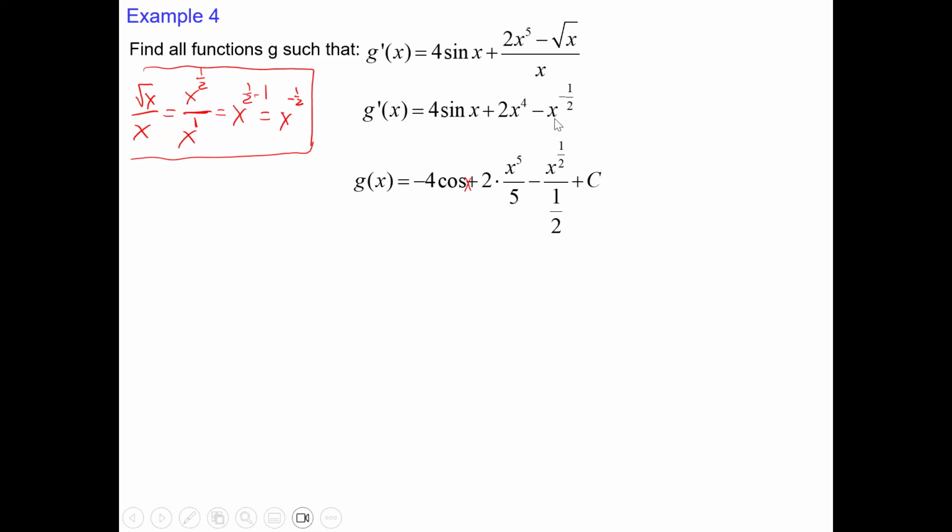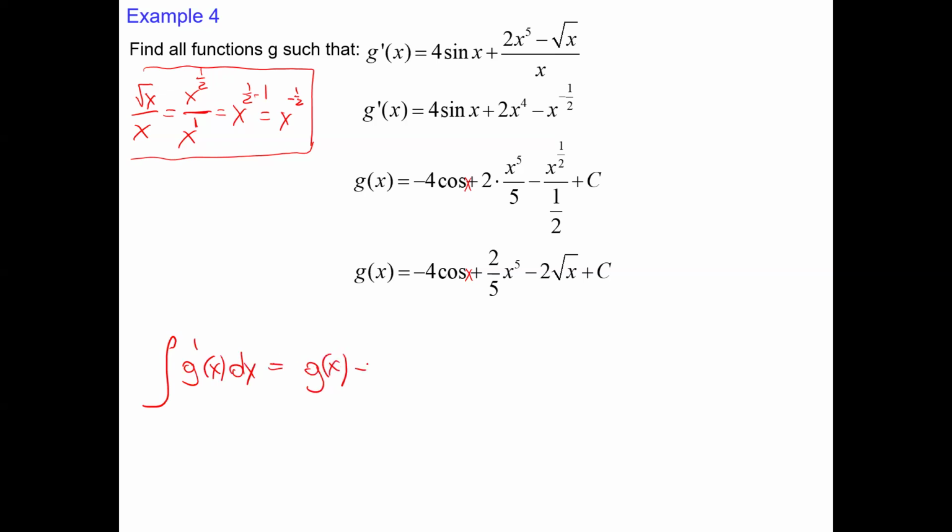And the antiderivative of x to the negative half is x to the negative half plus 1, which is half, divided by half. And we can just rewrite it a little bit nicer. I can also rewrite this. Let's note something: the integral of the derivative is just g of x plus the constant.